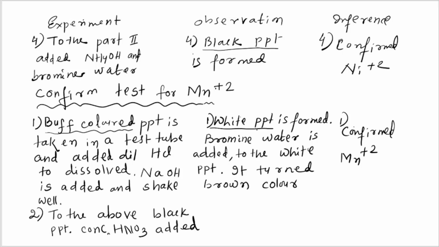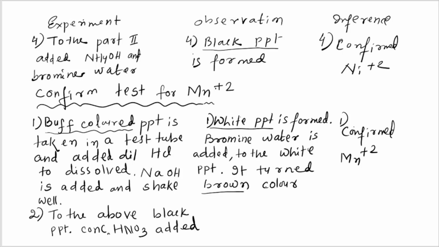Then to this white precipitate, bromine water is added. It turns brown color. Then it confirms Mn+2.